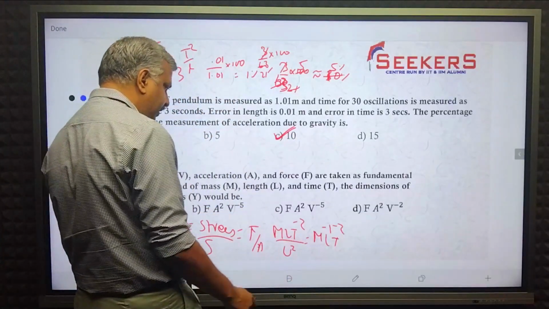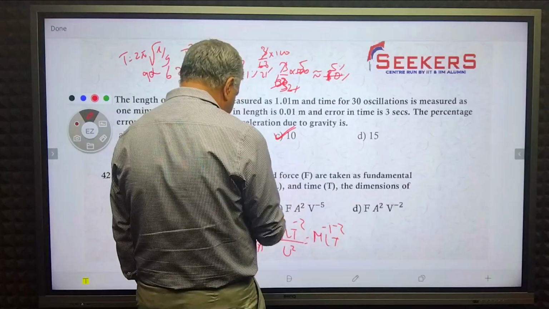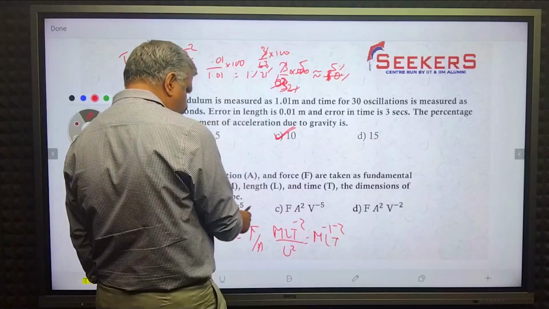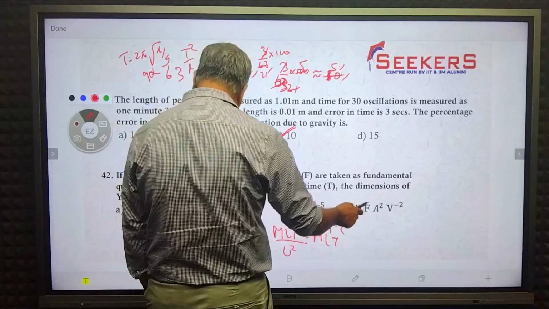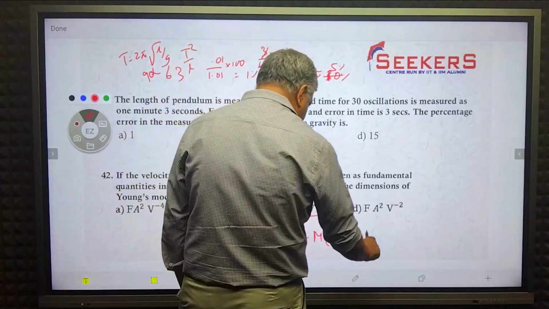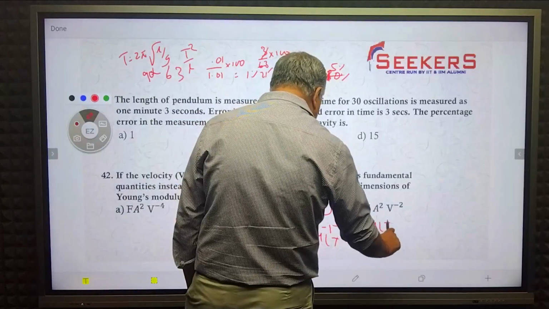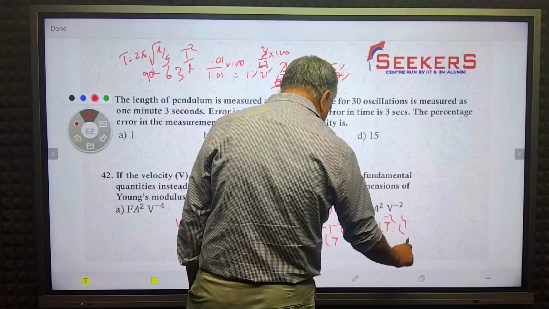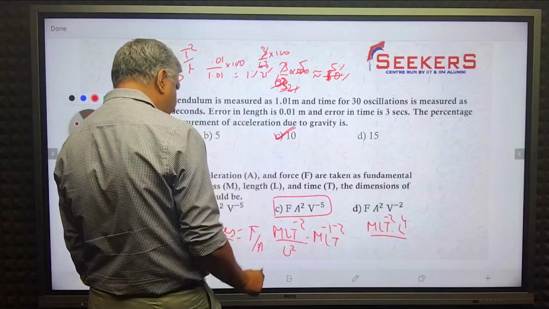So let us take F a square v power minus 5. Okay, so let's assume this is our answer and then let's work. So it should be M L T power minus 2, a square means L power 4 divided by v.